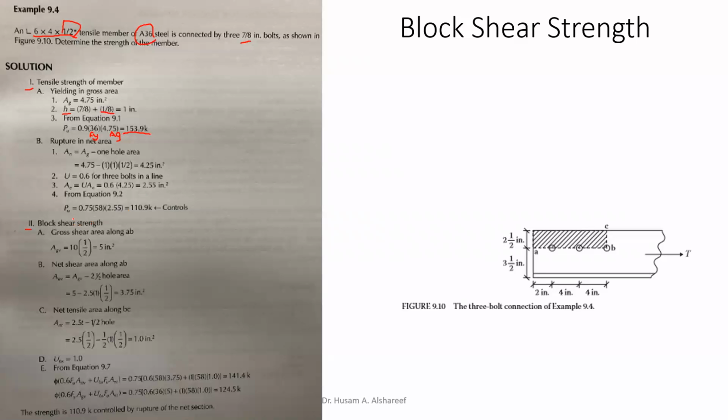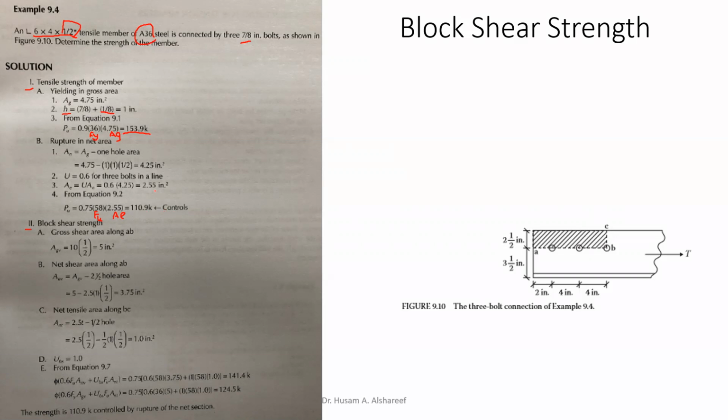Now, to use the equation of the rupture, which is 0.75 times FU times A sub E, this is FU, and this is the effective area, or AE. 0.75, again, 58 from table 9.1, times the AE, which is the value that we just found, gives us 110.9 kips.